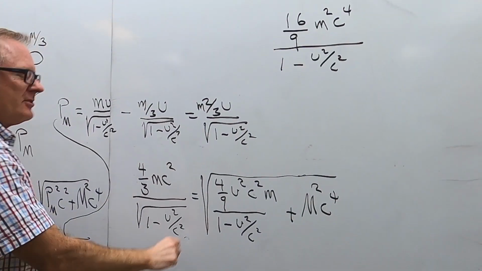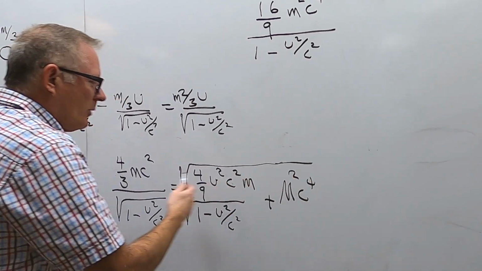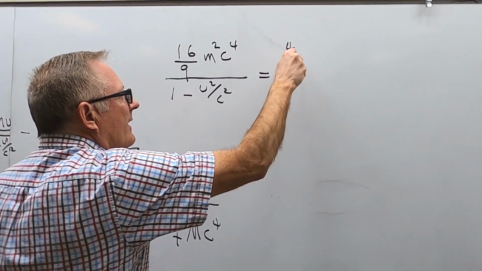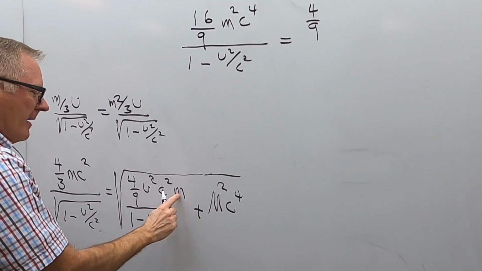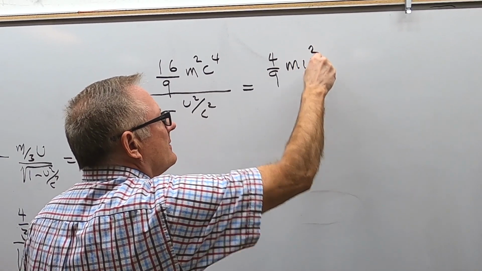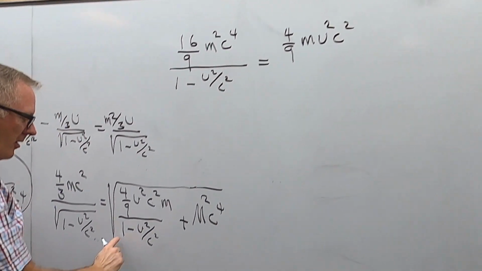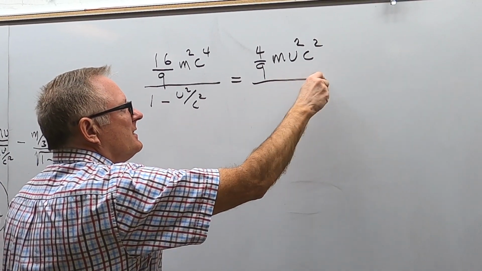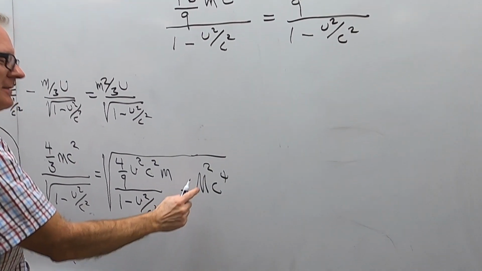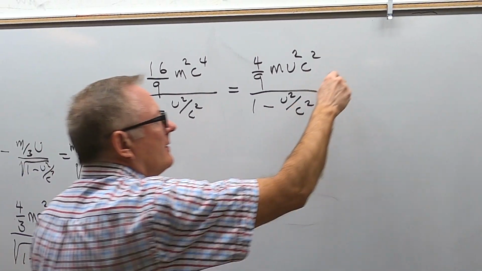So that's all this squared, and it equals all this without the square root. That's equal to 4/9 m u squared c squared, m c squared, all over 1 minus u squared over c squared, plus big M squared c to the 4th.